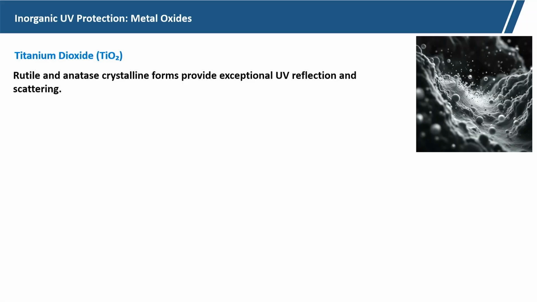Its rutile and anatase crystal forms provide exceptional UV reflection and scattering. So, these inorganic UV protective chemicals like titanium dioxide are used basically for UV reflection and scattering. UV gets reflected.